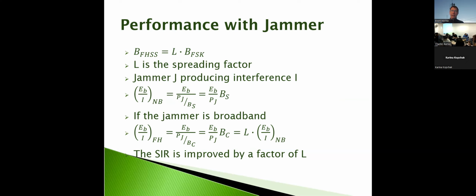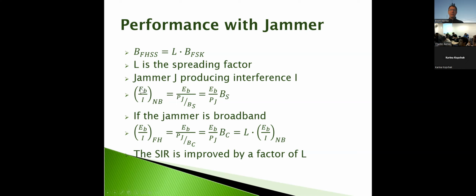Then we talk about spread spectrum as using an excess of that necessary bandwidth, as a factor of L, which is called our spreading factor, and that's typically an integer. So the bandwidth of our frequency hopping spread spectrum system is now L times that fundamental basic bandwidth. Now let's assume we have a jammer J producing some interference I.